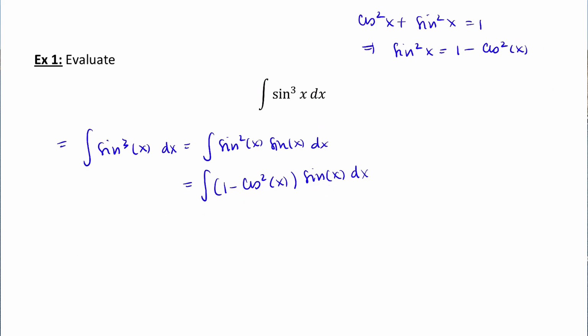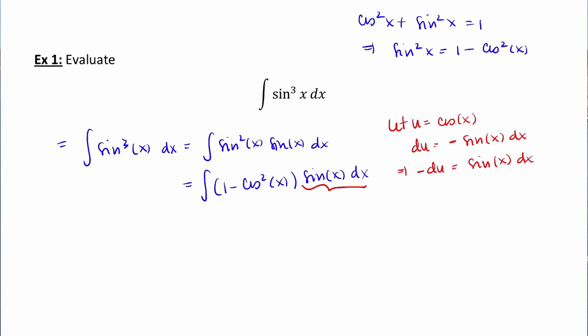So what do I mean by that? Let me say, let u be equal to cosine of x, then du is negative sine of x dx. That tells me that negative du is equal to sine of x dx. Therefore, sine of x dx is just negative du, and here, cosine squared is u squared.